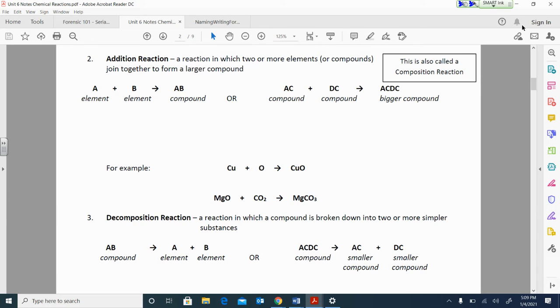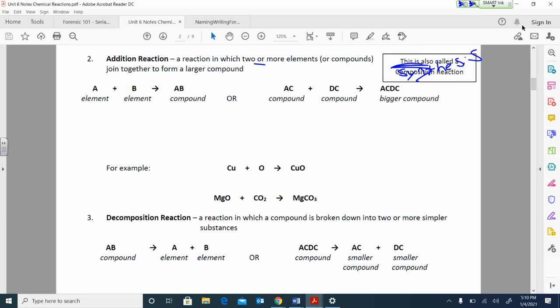I'm going to put synthesis, because that's what a lot of people call it, especially if you were older like me. It was called a synthesis reaction, not an addition reaction. But we'll usually call it addition because I think it makes more sense for what happens in the reaction. Synthesis is an English word for adding together.